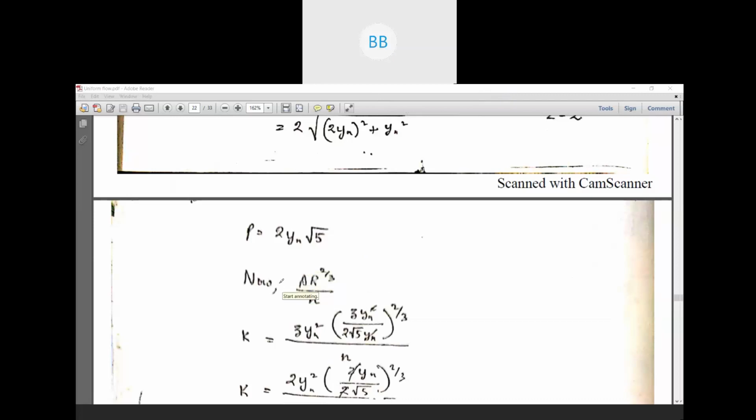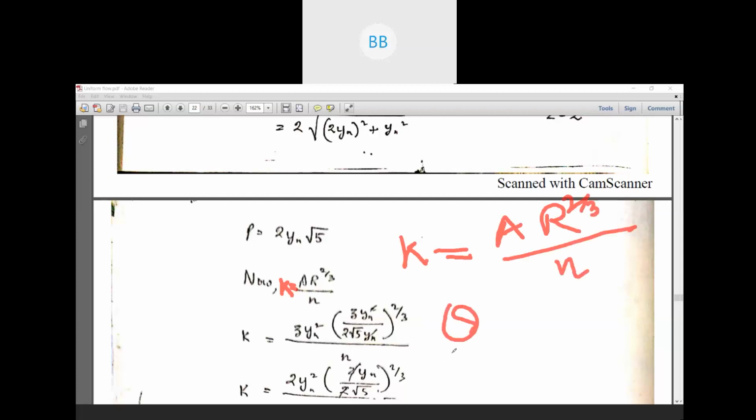Now we are using the K expression that you have already discussed. K is equal to A R to the power 2 by 3 divided by n. K is nothing but Q by root over Sb, if you remember, where Q is our discharge. This is your Manning's equation: V equal to 1 by n R to the power 2 by 3 Sb to the power half.